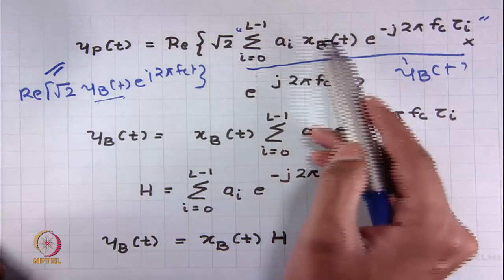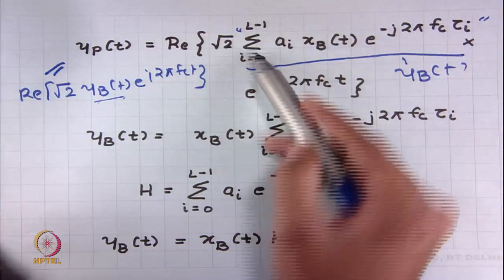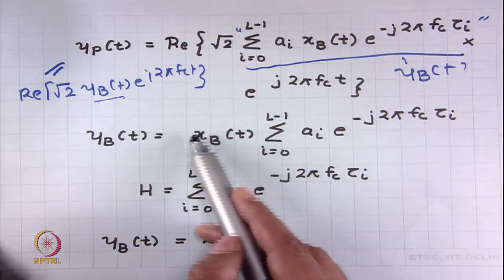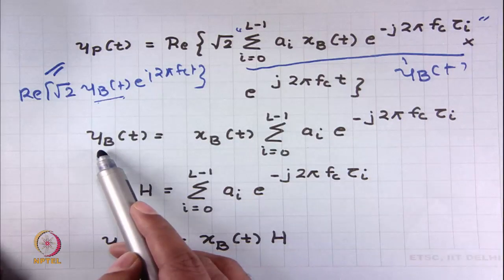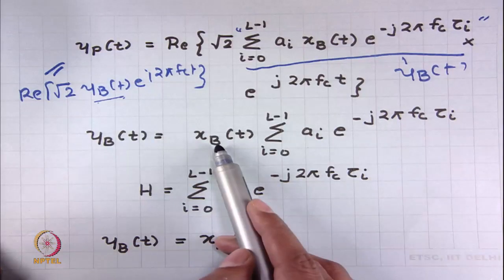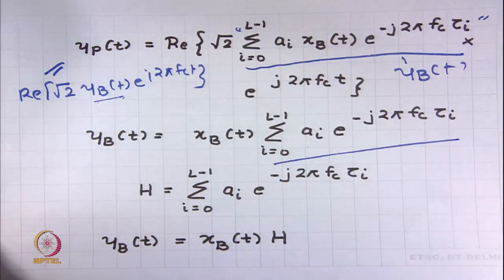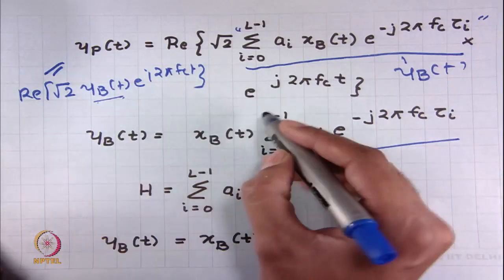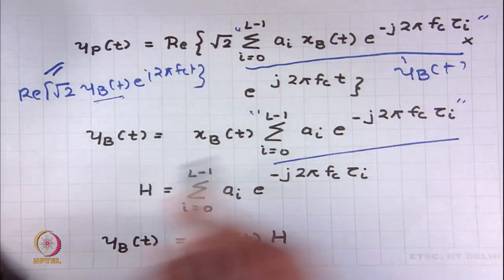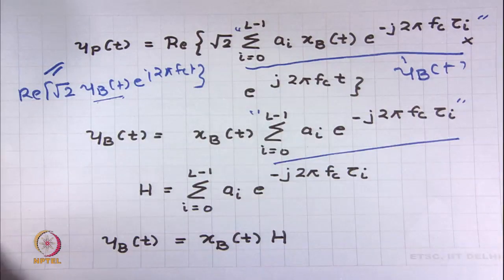Now, because x b t is not a function of i, I can also pull this out of the summation, and I can simply obtain that y b t is simply x b t times this quantity, and this I call as h, which denotes the channel gain. Okay. So, I take this quantity and I simply call it h.